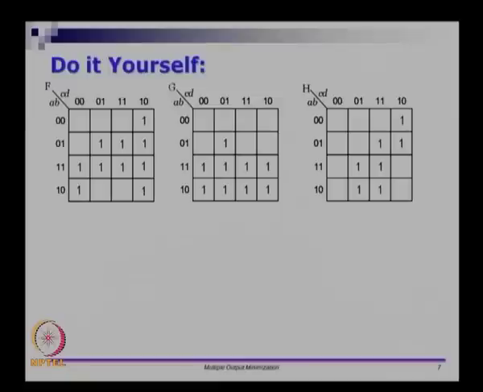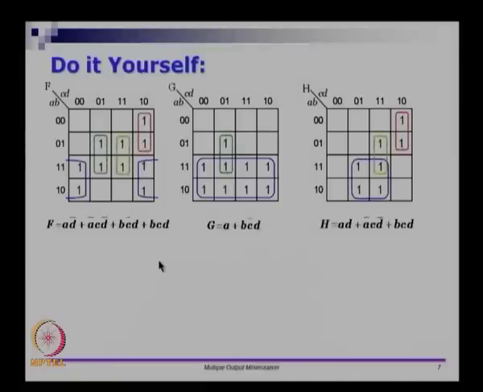There is another exercise which is on 3 different outputs. This is slightly more tricky. You have to now see what is common across several outputs. I earlier said you go and look at what is shared between F and G. Now we have 3 different outputs and the truth table is already given. I am also going to give you the groupings. The various groupings are given to you.